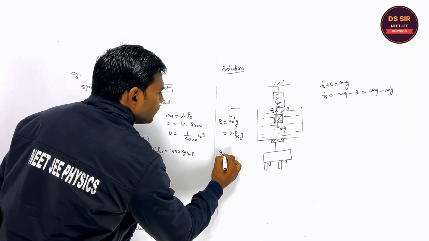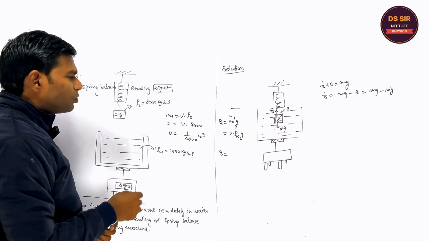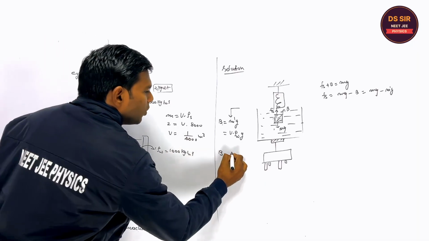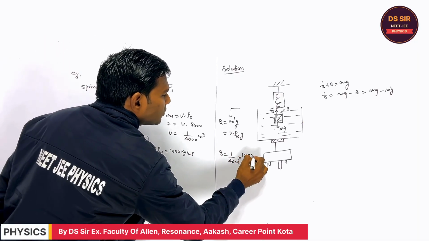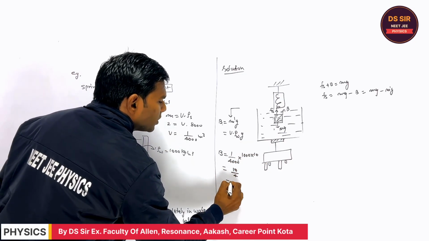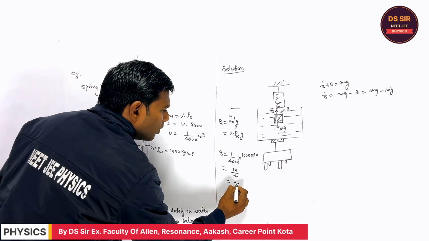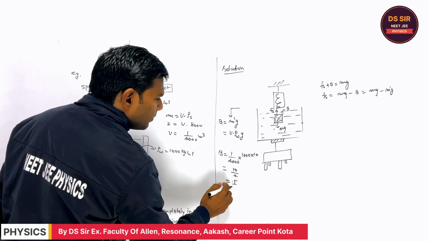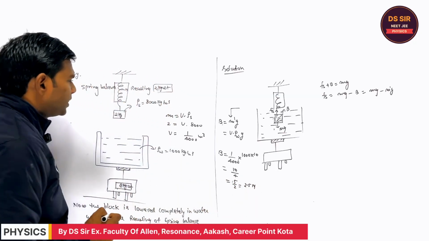So for the buoyant force, the volume of displaced liquid is equal to the volume of the solid, because it is completely dipped. So the volume is 1 upon 4000, the density 1000, the g value is 10. So this is 10 upon 4, which is 5 by 2, equal to 2.5 Newton. Is it clear or not?